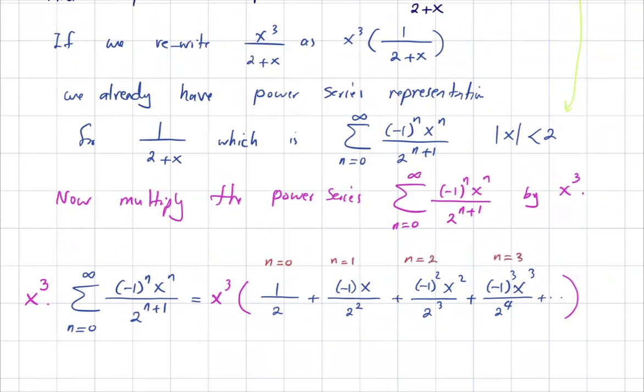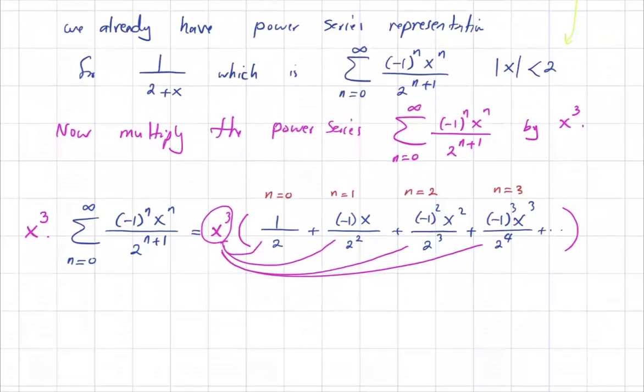Now just distribute this into parentheses and see what happens. It only changes the exponent of x. So this is written as x cubed divided by 2 minus x to the fourth divided by 4, plus x to the fifth divided by 8 minus x to the sixth divided by 16, plus the rest of the terms.